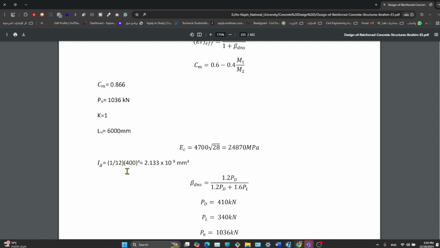So it's a geometry factor, equal to 1 over 12 times the side to the power 4. In millimeters, the unit will be millimeter to the power 4. Now we have to compute also beta DNS.